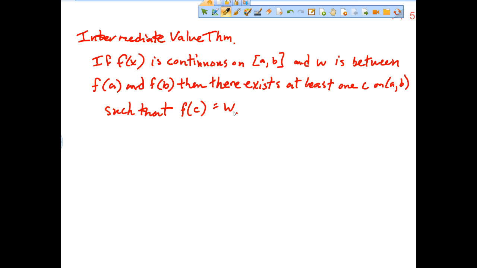So you might recall this as I read it off, but you might not remember the exact result.